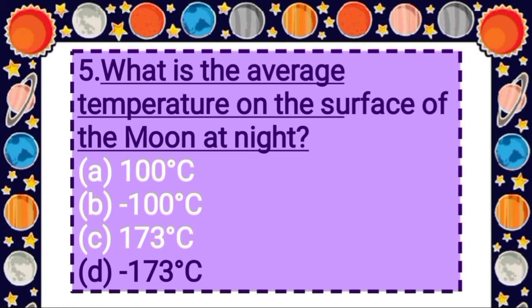Option A, 100 degrees Celsius. Option B, minus 100 degrees Celsius. Option C, 173 degrees Celsius, and option D, minus 173 degrees Celsius. So answer is option D, minus 173 degrees Celsius, means the average temperature on the surface of the moon at night is minus 173 degrees Celsius.